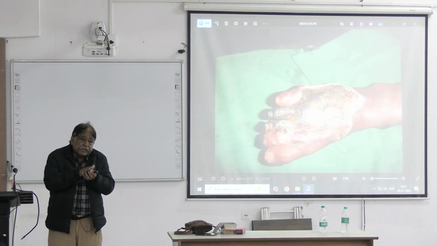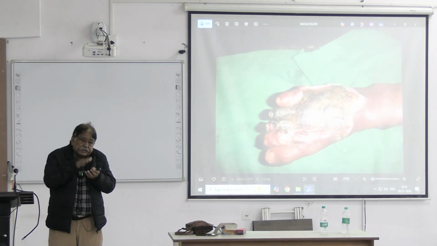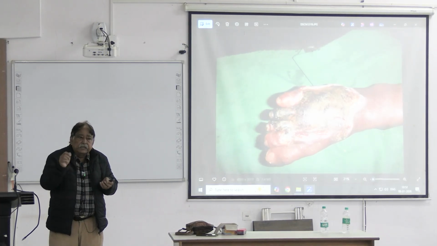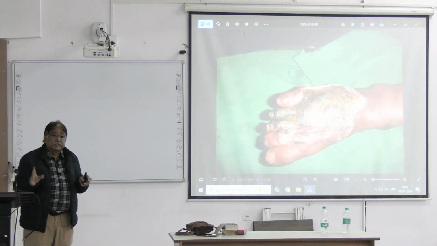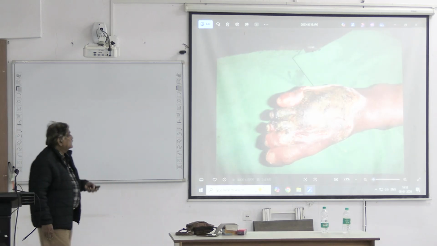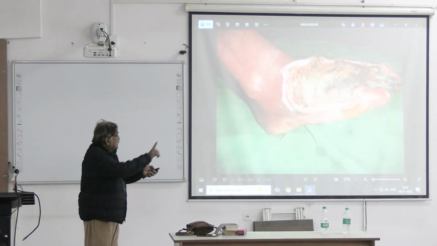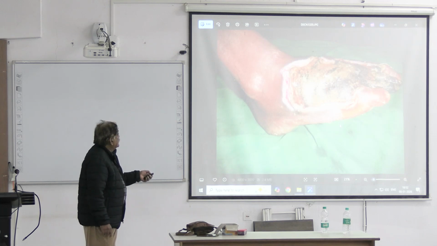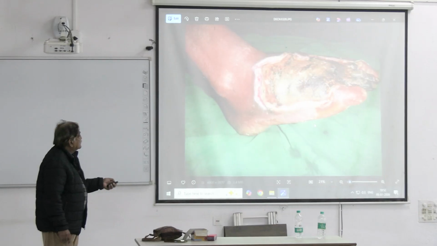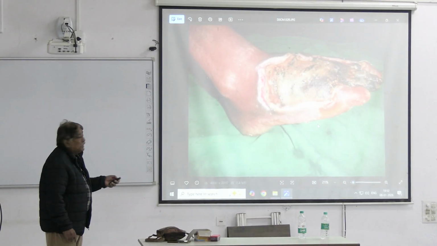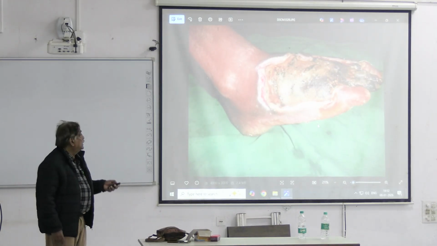Okay, and it releases something. Slowly, without any anesthesia, that is removed. Next. Aggravated. Now see the granulation here. This is the epithelialization. That is healthy healing.